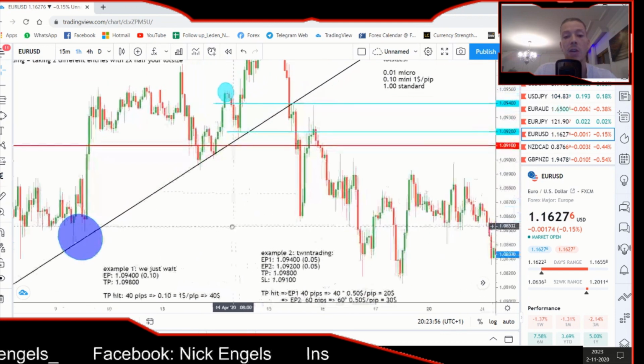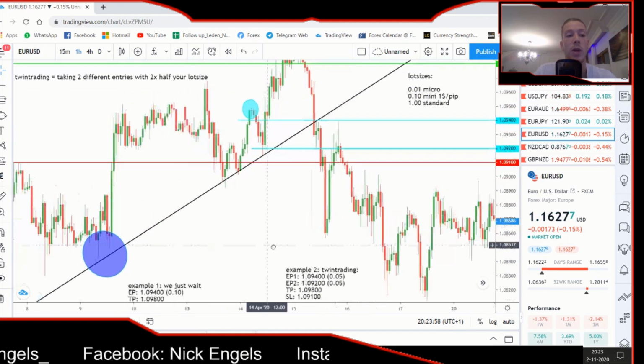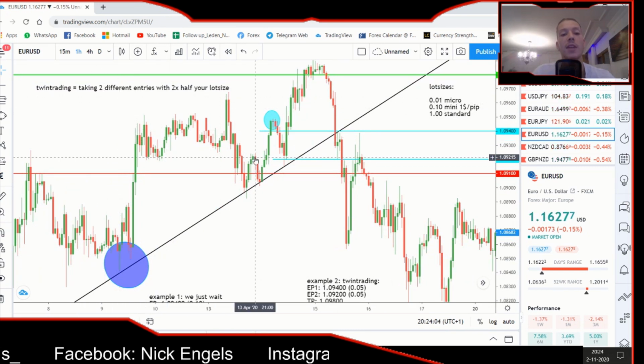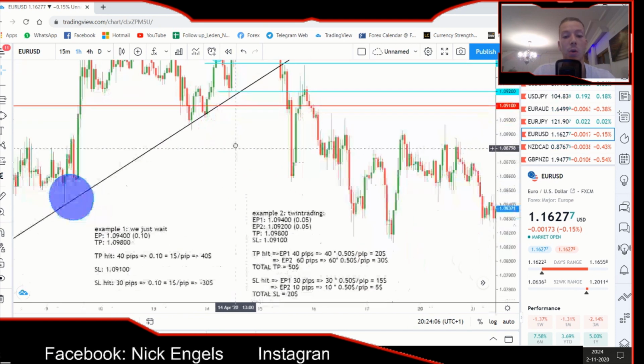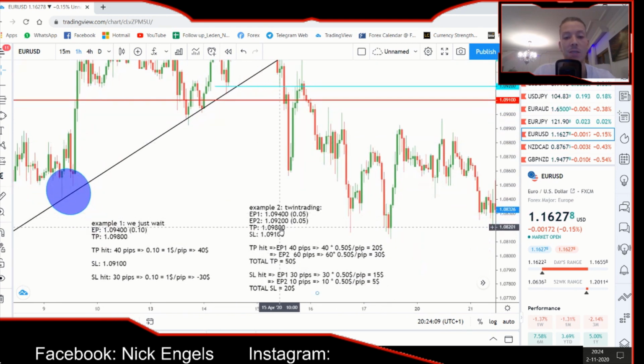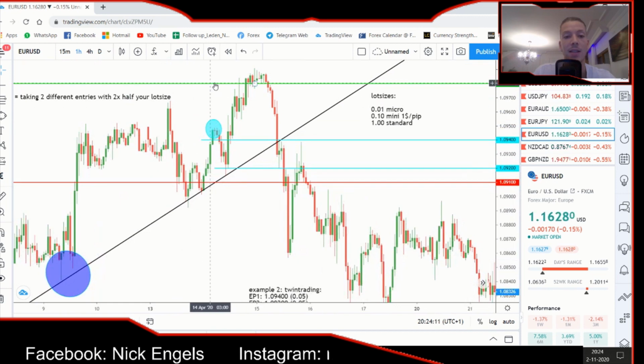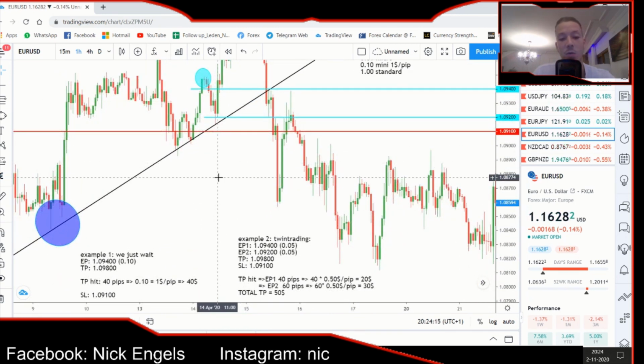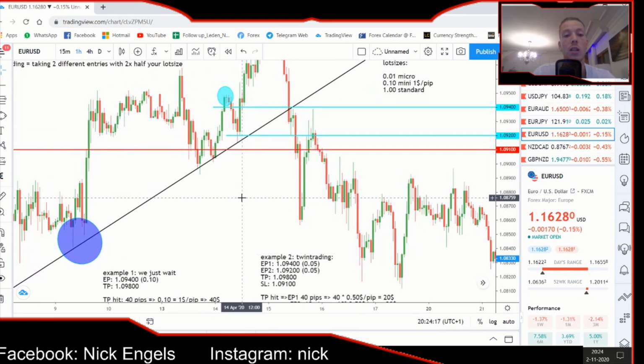In our second example, we applied twin trading. Now we learned that twin trading is taking two different entries on the same trade with 2 times half your lot size. So what we can see in our second example is that our TP is exactly the same, still this green line. Our stop loss is exactly the same, still this red line, but we just took two different entries.